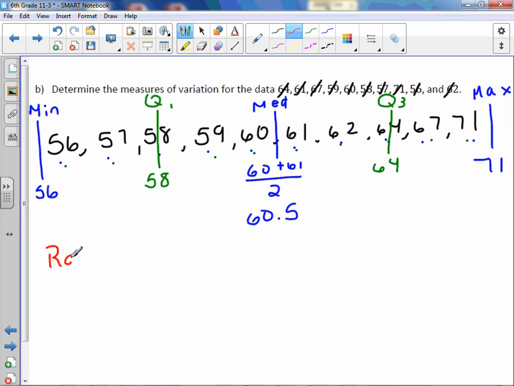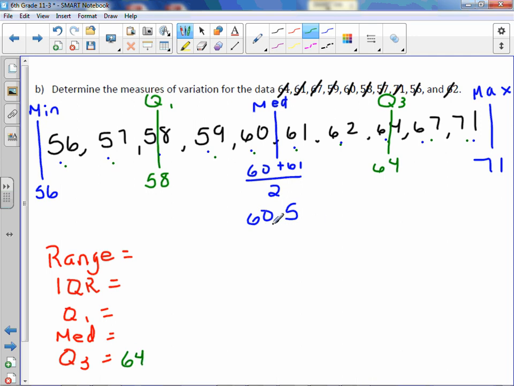We need the range, the interquartile range, our quartile 1, our median, and our quartile 3. Let's write down what we know. Our quartile 3 is 64. The median is 60.5. Quartile 1 is 58.